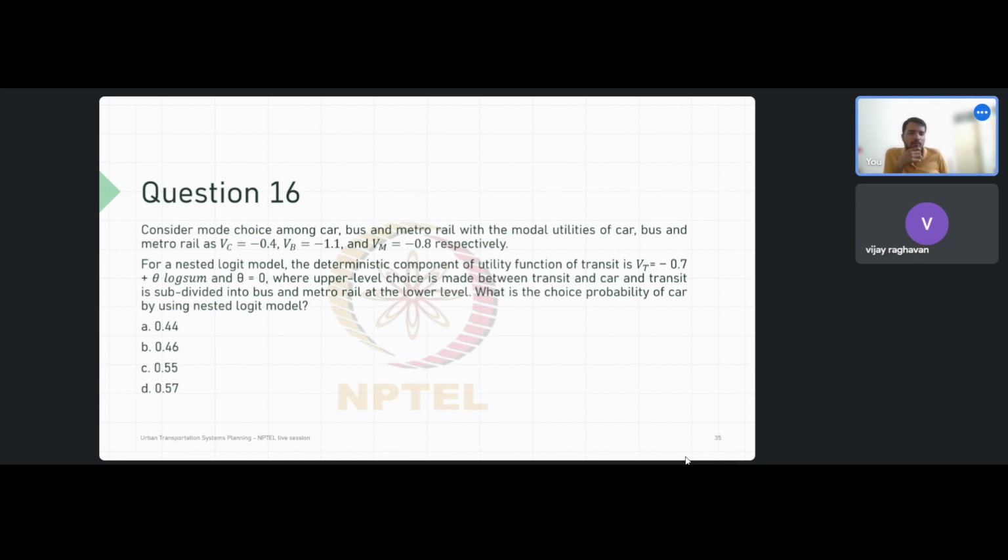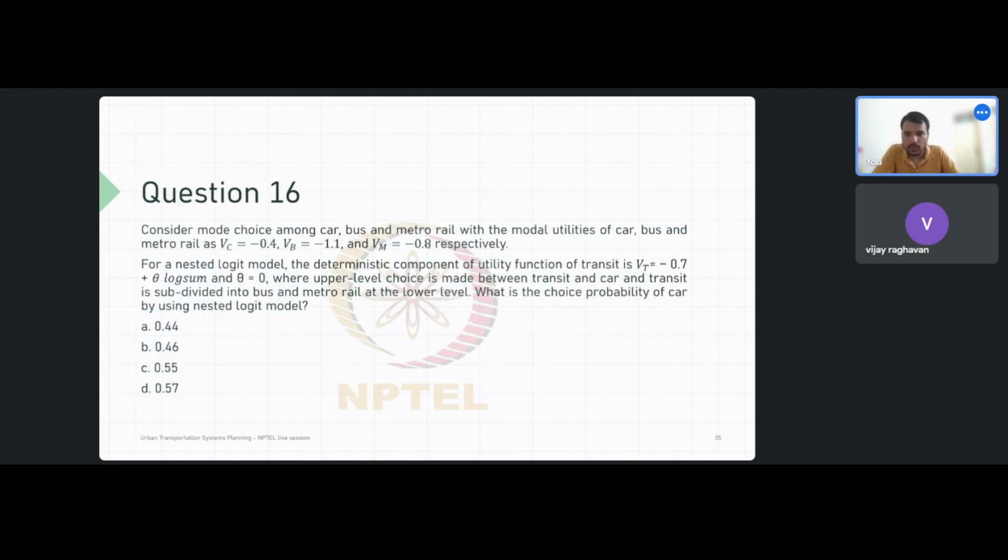Any response for the question? Okay, let's see the answer. We have been given the values.